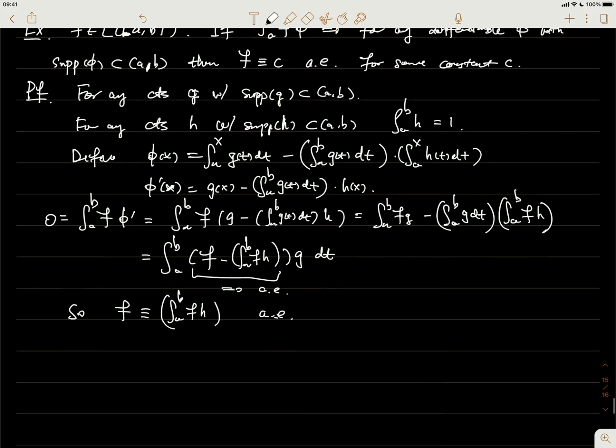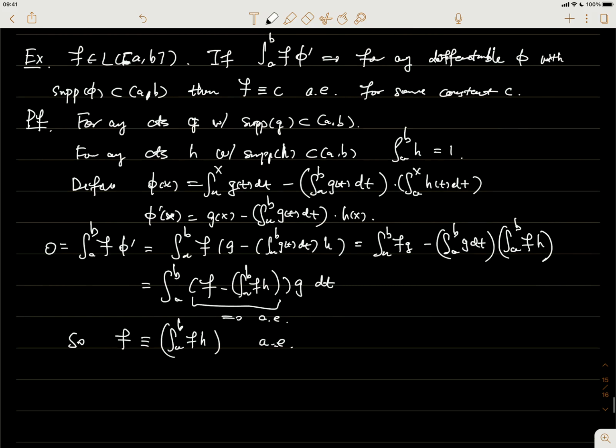You may ask where we use the fact that the integral of h is equal to 1. We used it here. The reason is I need to make sure that when I integrate up to b, the value will vanish. When this becomes b, I will have b here. But when this is b, this should be equal to this.